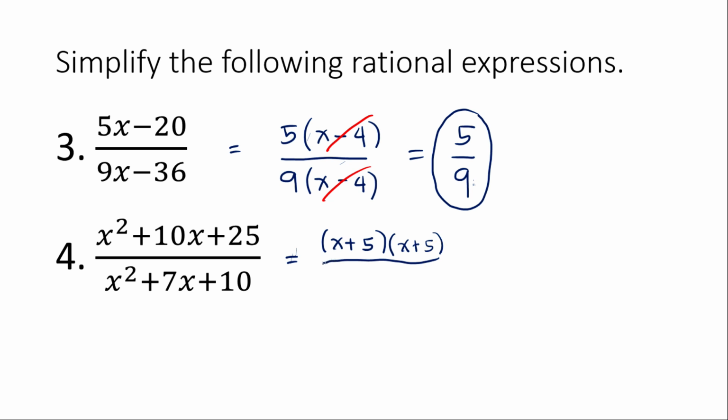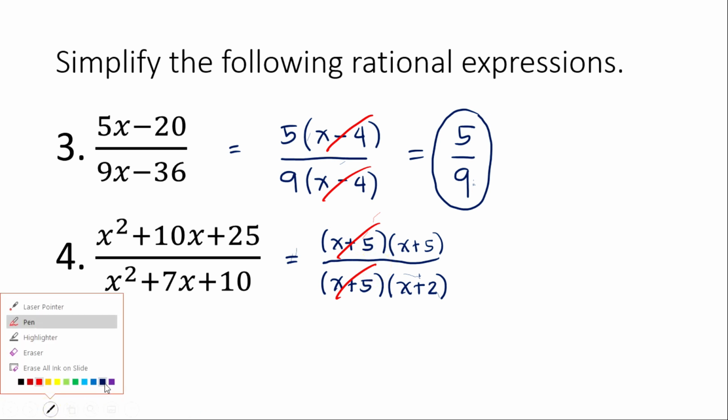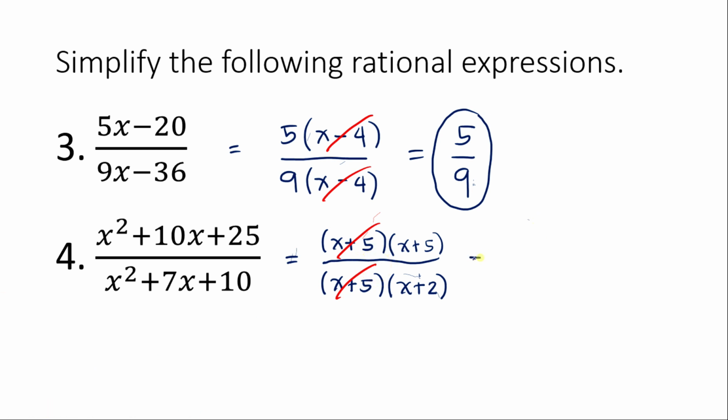And for the denominator, we have x squared plus 7x plus 10. The factors are x plus 5 times x plus 2. Okay? So, ano ang pwede natin i-cancel out? Isang pares ng x plus 5. And for our final answer, obviously we have x plus 5 over x plus 2.